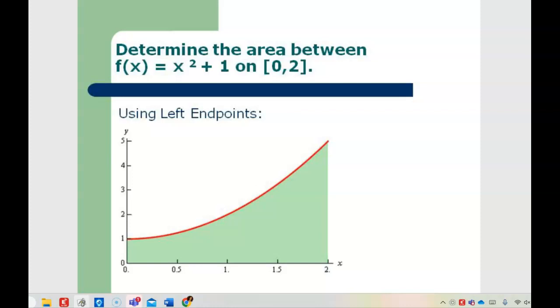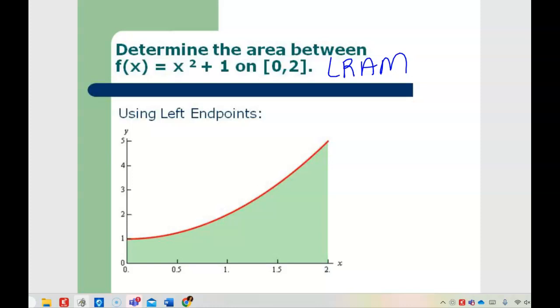We're using left RAM, so we're going to determine the area using LRAM. And I believe your paper has it in its directions, we're going to use 4 rectangles.